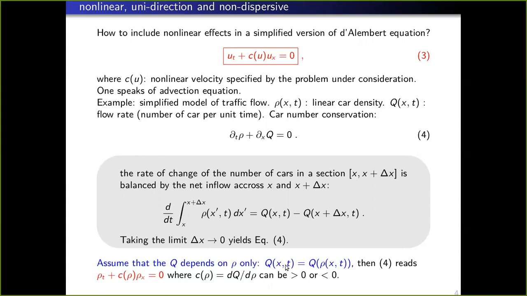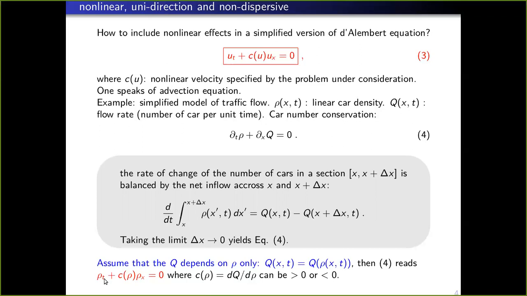So Q of x and t is Q of rho of x and t. Okay, and if you plug this expression into 4, you get the time derivative of rho plus dq d rho times rho sub x equals 0. And dq d rho, I call it C of rho, which can be positive or negative, by the way, we will see that.